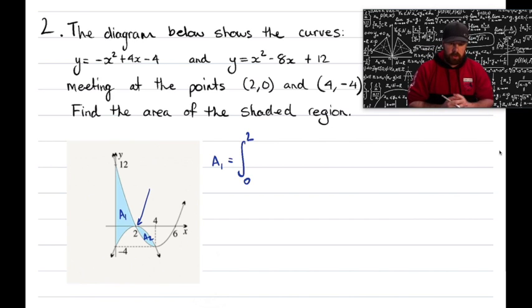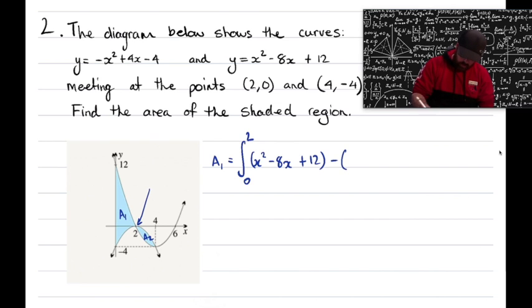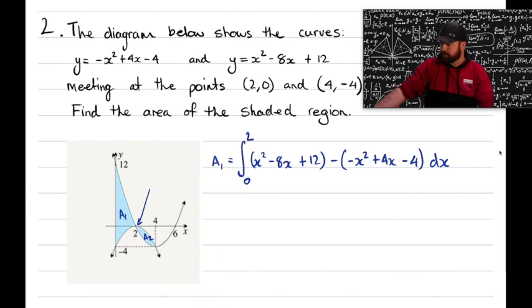So the top curve, well, it's the positive parabola, so it is going to be x squared minus 8x plus 12, and we're going to take away from it the bottom curve, minus x squared plus 4x minus 4, dx.